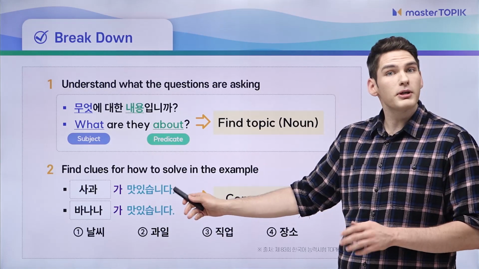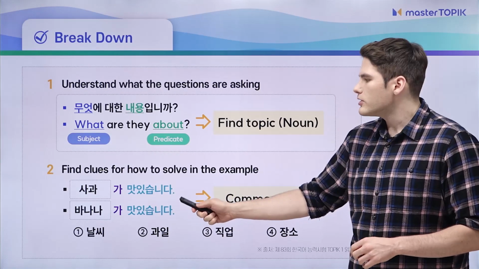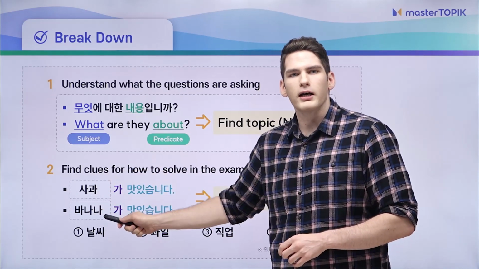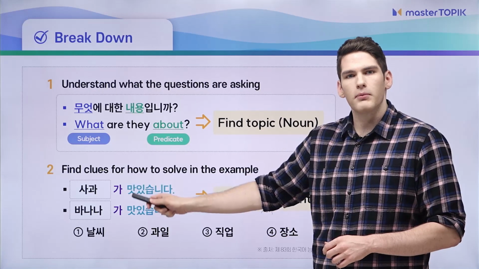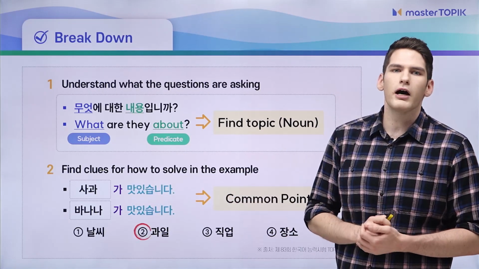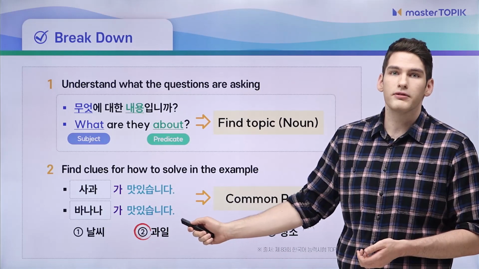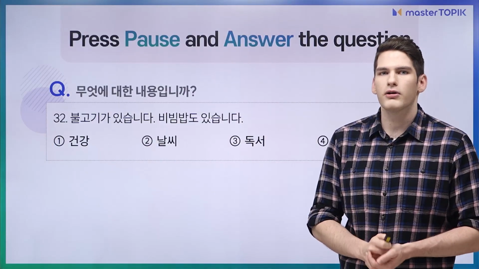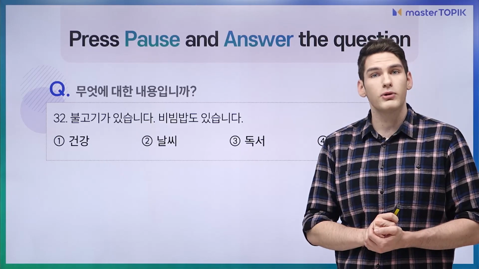And so that's not going to be a huge help in looking for the answer. So you know you're going to want to go over here, right? 사과, apple. 바나나, banana, right? And so we can easily figure out that 과일, fruit, is going to be our answer. All right, so press pause and answer the questions without me.